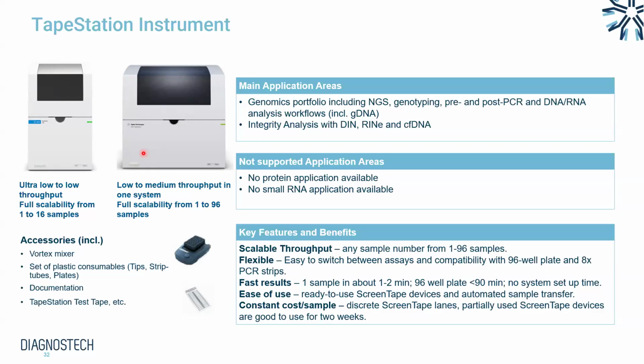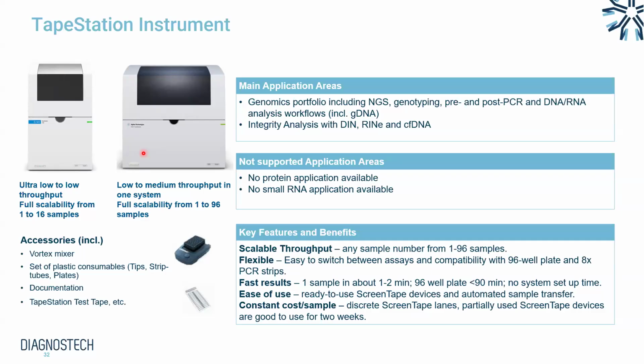It's still a score from 1 to 10 to determine how intact your RNA is. And then it also allows us to assess the integrity of cell-free DNA with that assay. Areas that aren't supported by the system include protein and small RNA.